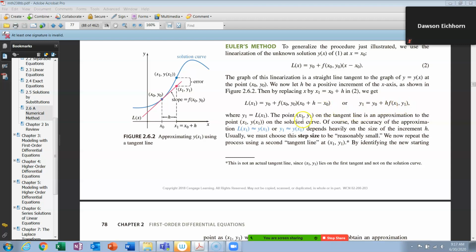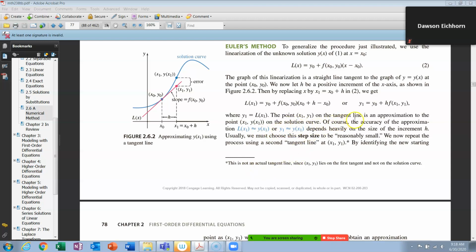Okay. Now, the y1 is L of x0, which is right what this was. And the point x1, y1 is then put back into your tangent expression, the f, to get your new slope at that new value. Okay? And then you just move on from there.